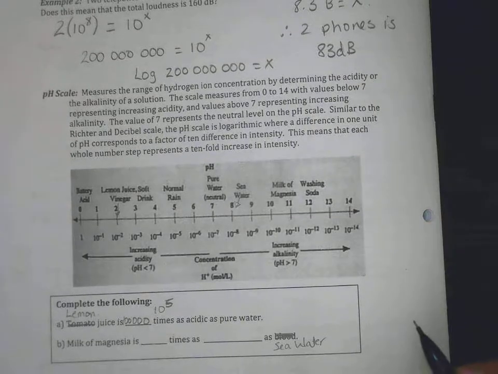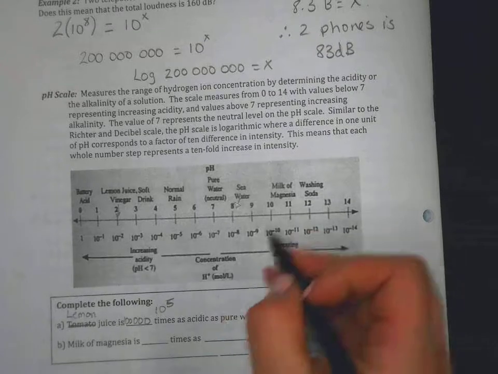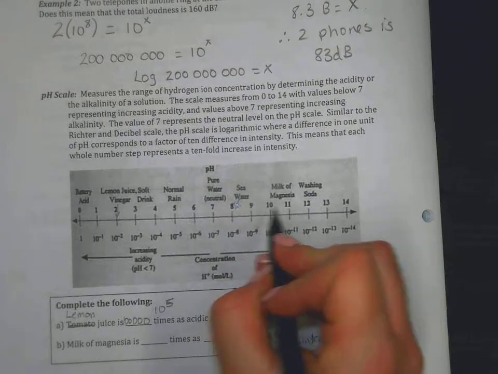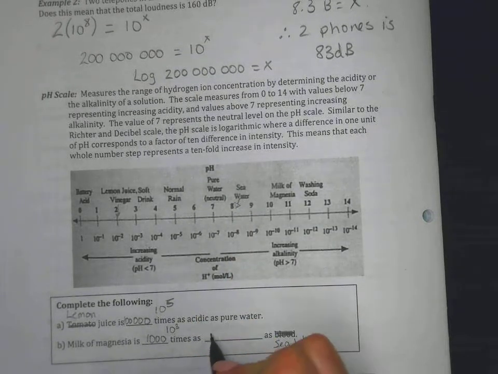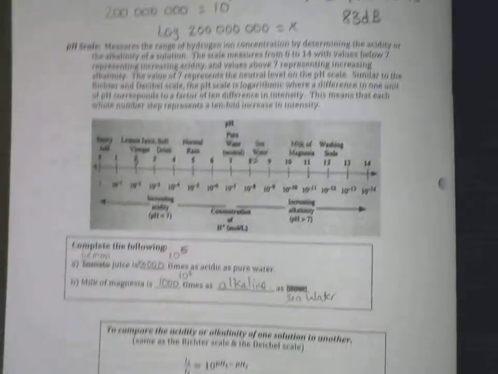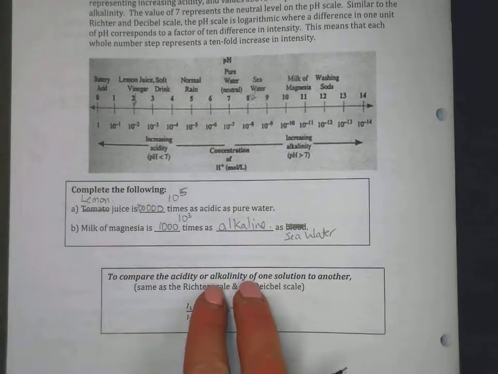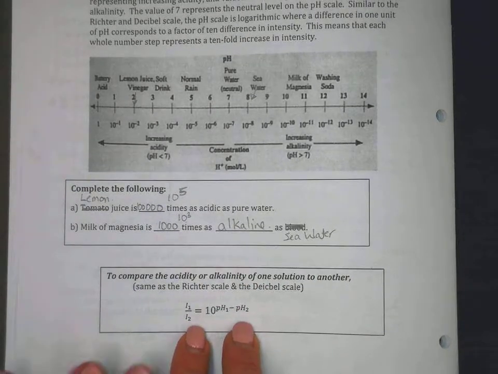So this would be 10 to the power of 3, which is 1,000 times as alkaline as seawater. So once again, to compare acidities or alkalinities of one solution to another, same as our Richter scale, we're going to take 10 to the power of the pH of one minus the pH of the second one.